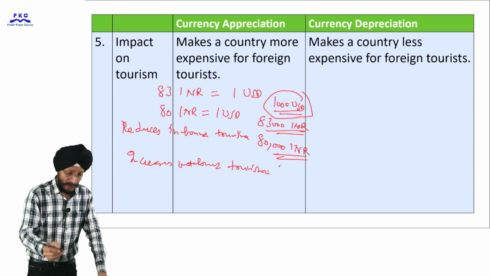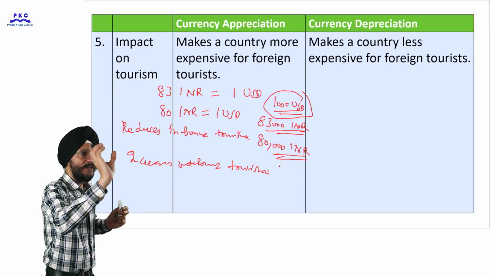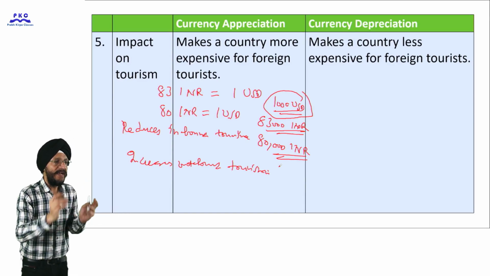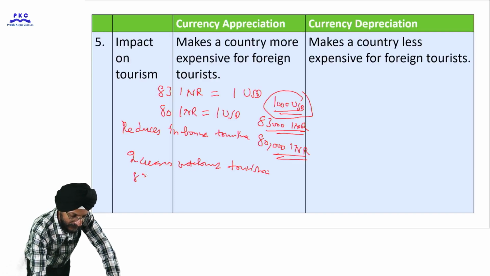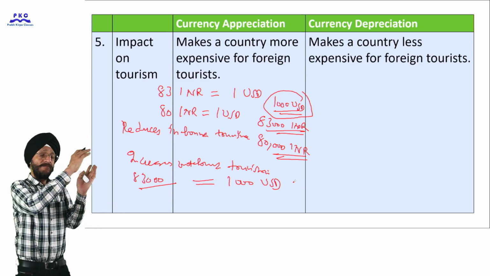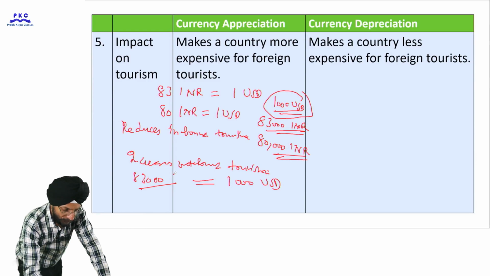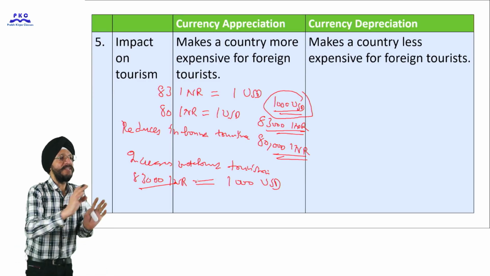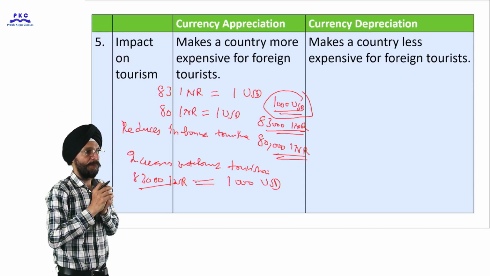Earlier, when 83 Indian rupees were equal to 1 US dollar, an Indian with 83,000 rupees was getting 1000 US dollars for spending in the USA.